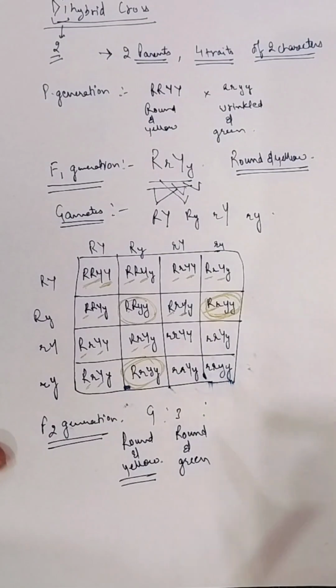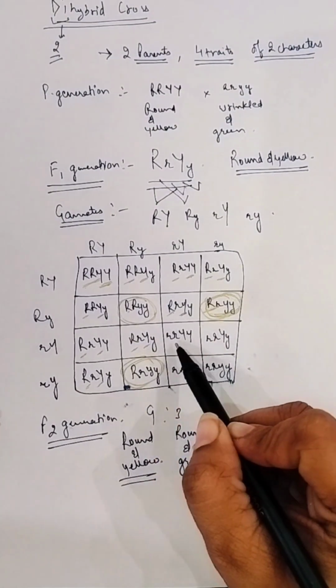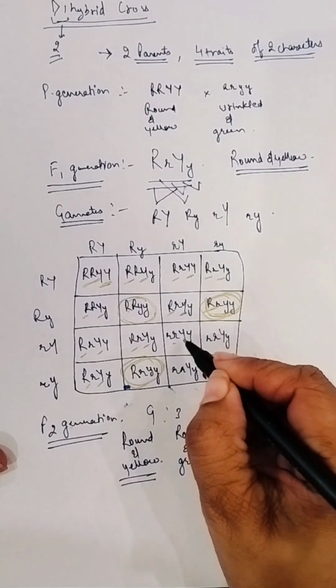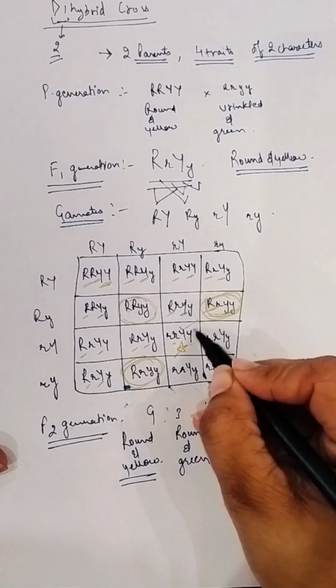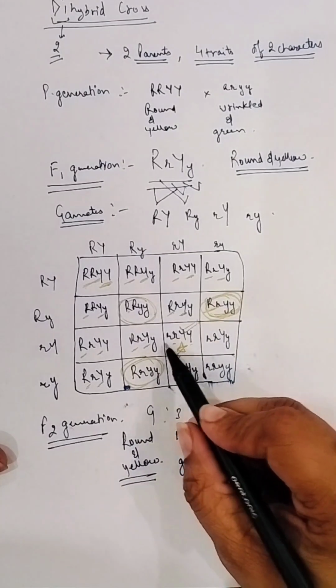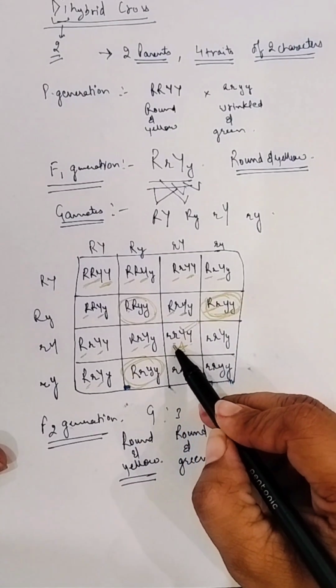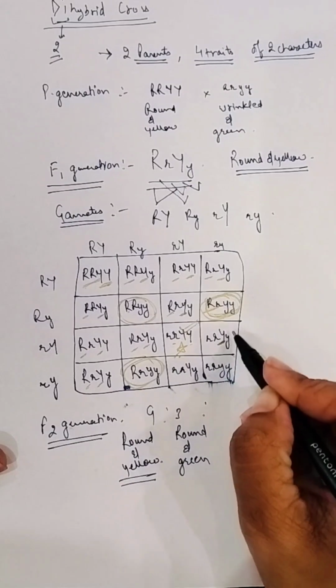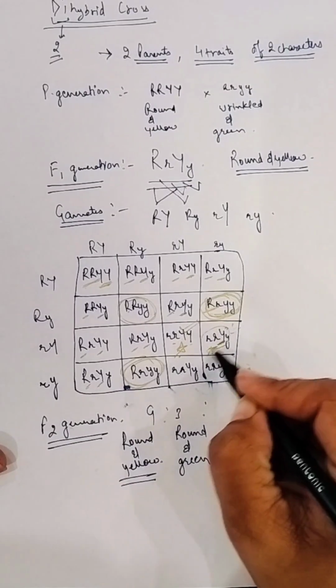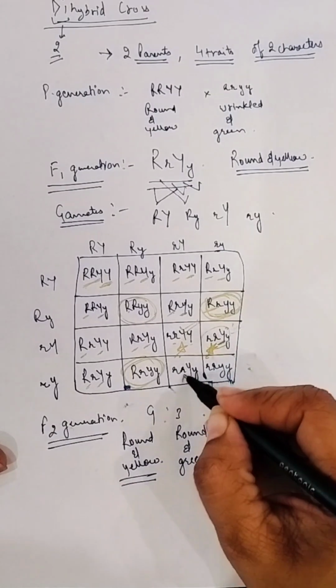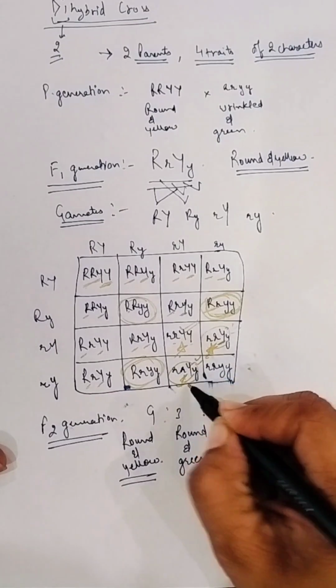Then next, let us see wrinkled and yellow. So let me put a star mark here. So this is wrinkled and yellow with capital Y. Here also wrinkled and yellow and wrinkled and yellow.